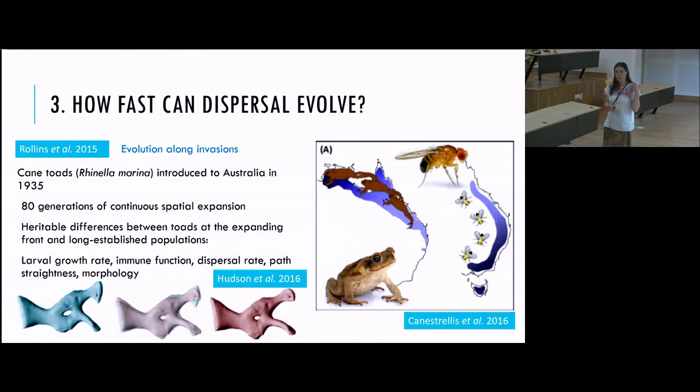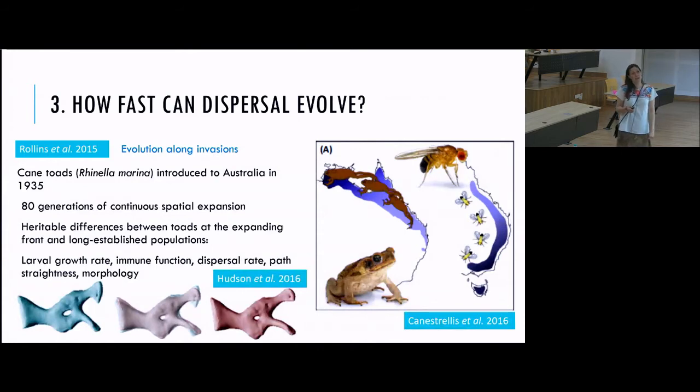But because it's a recent invasion, there's very good data about where the toads were when they arrived, about the spread rate and the demography, and a lot of very nice data about other aspects. So the cane toads were introduced to Australia in 1935, which means that there's been approximately 80 generations of continuous spatial expansion in that species.